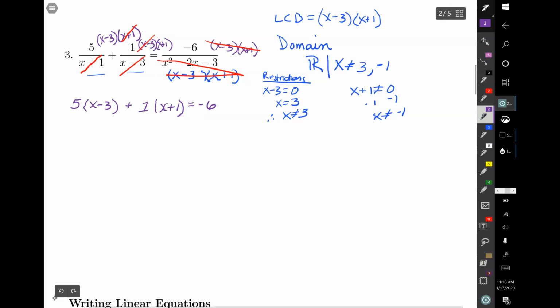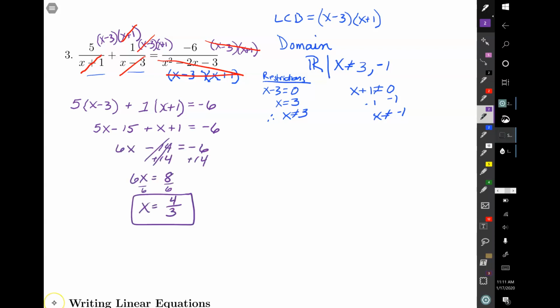So now I'm going to just distribute: 5x minus 15 plus x plus 1 equals -6. And you could probably just stop the video and go ahead and solve that yourself. So I've written out the remainder of the steps.